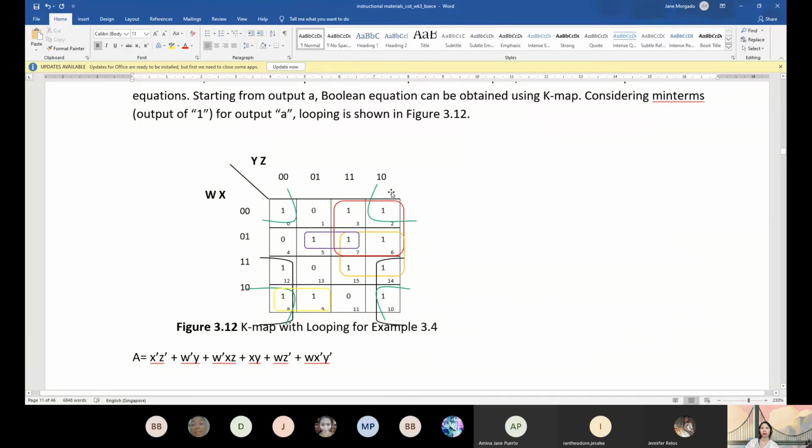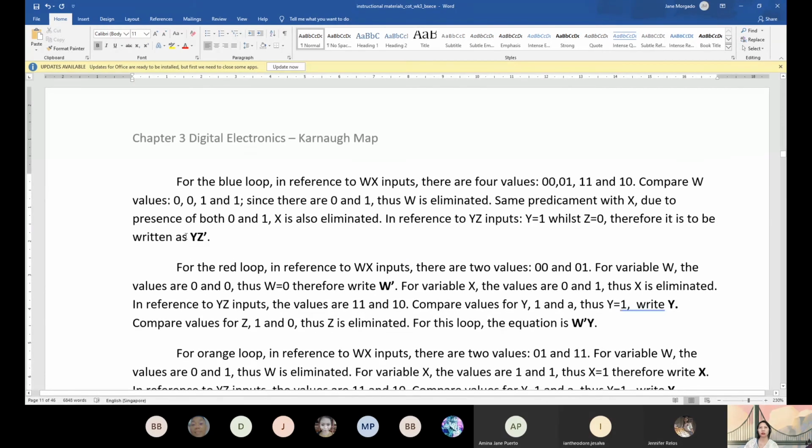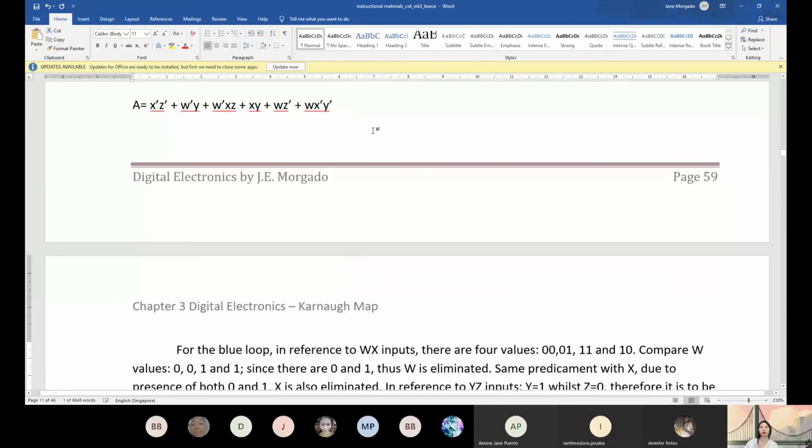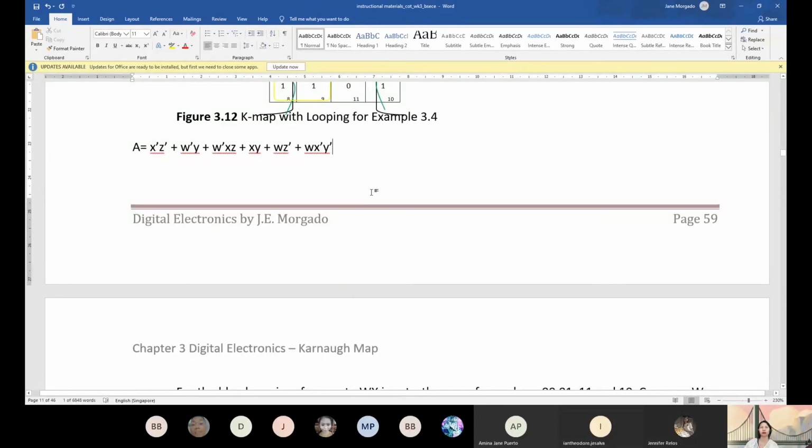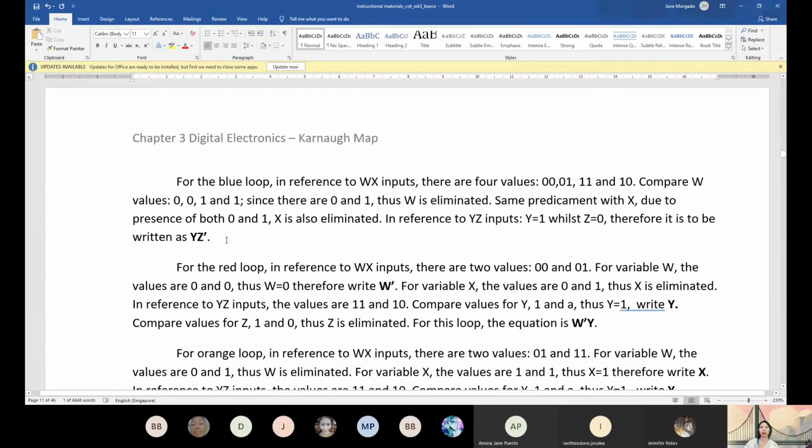The blue loop groups 2, 6, 14, 10. But since 2, 6, 14, 10 already belong to several loops, we eliminated the blue loop. If not, you would have an additional YZ prime, so you'll have more literals here. That's why I eliminated the blue loop.